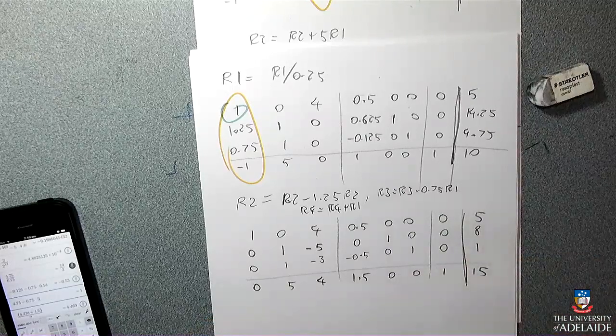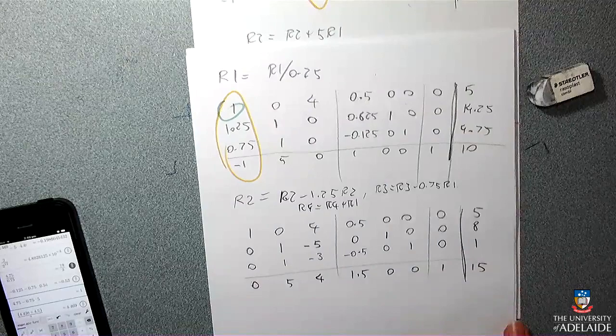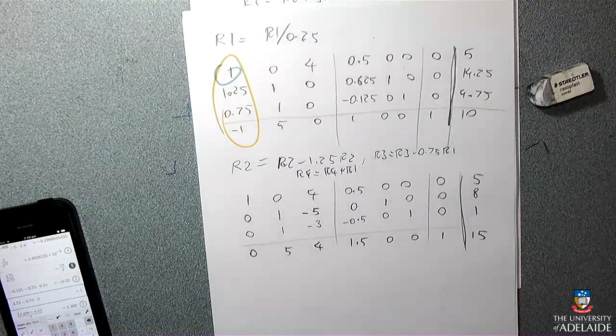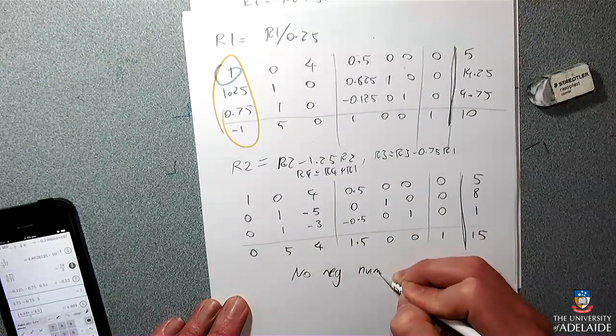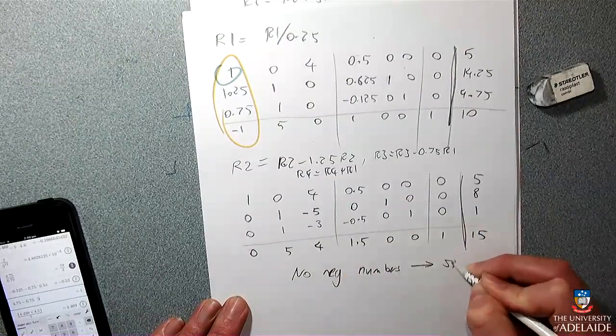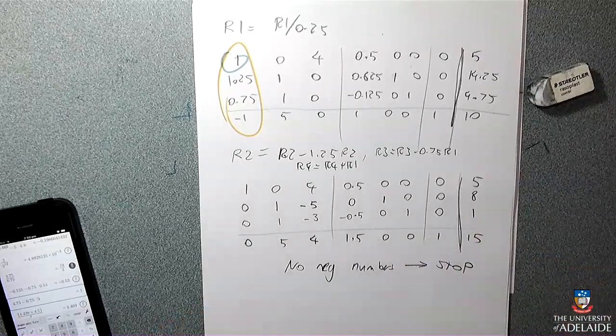Okay. So that says, so now I stop because there's no negative numbers down there. Okay, so that says the maximum is 15.